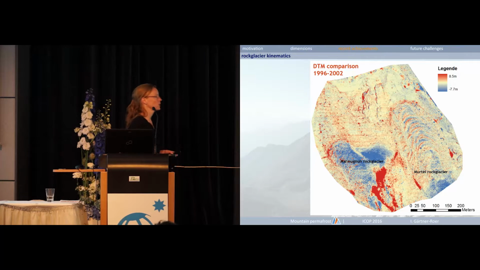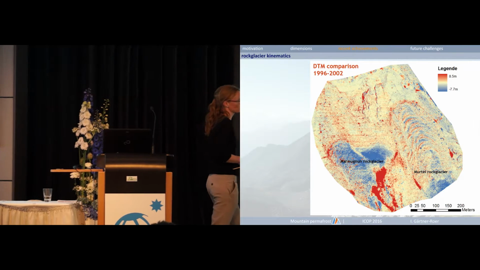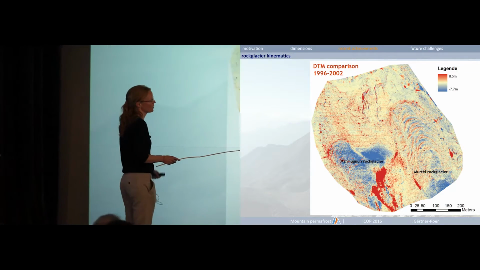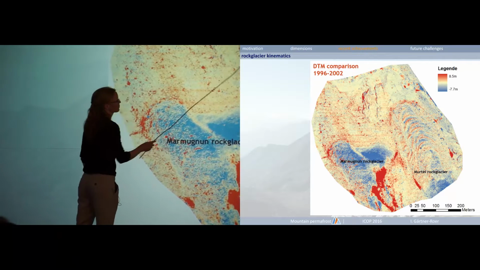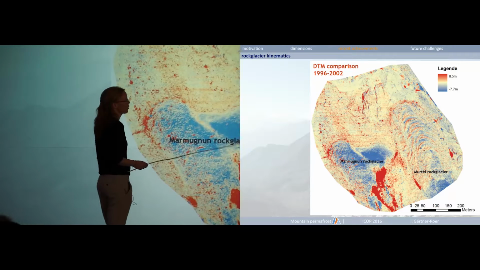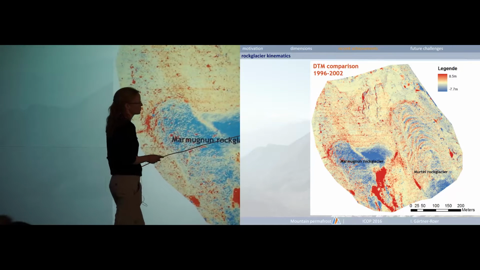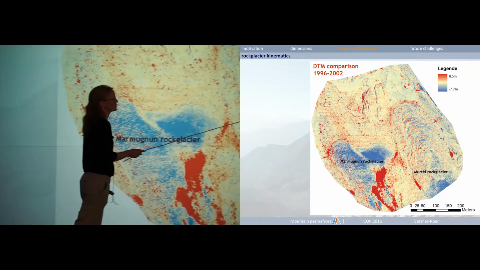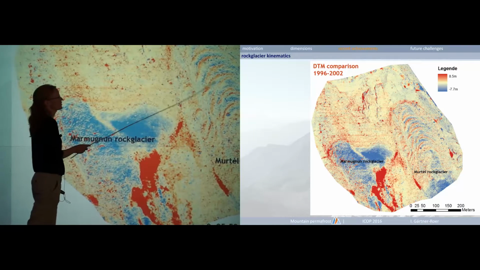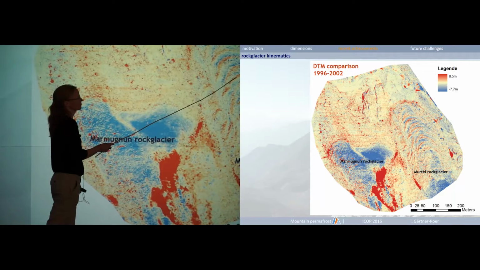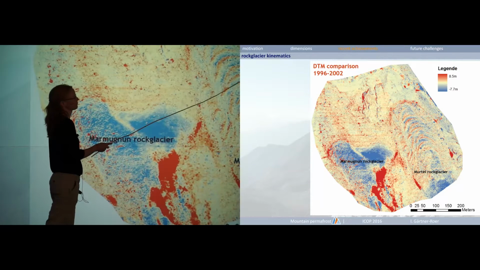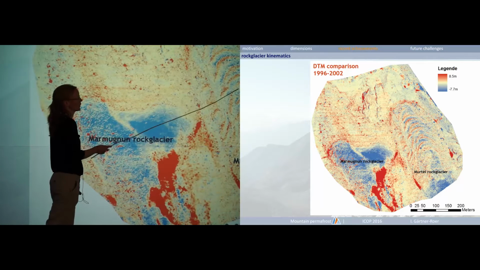We also look not only at the horizontal changes, but also at vertical changes. Here again, this is the Murtèl rock glacier site. You see the vertical changes over a period of 6 years. And what you nicely see here is the movement of this furrow and ridge topography. This shows us this pattern of lowering and upgoing.